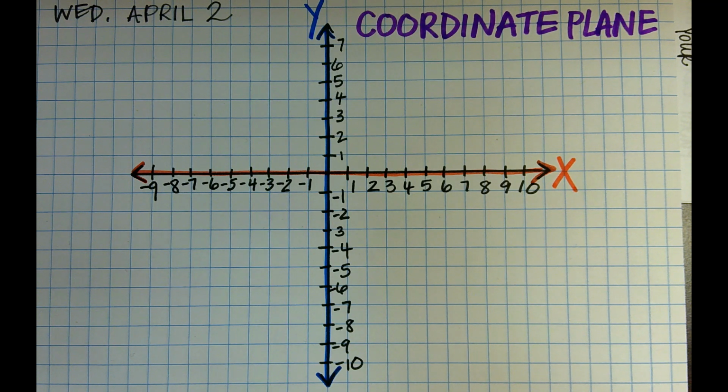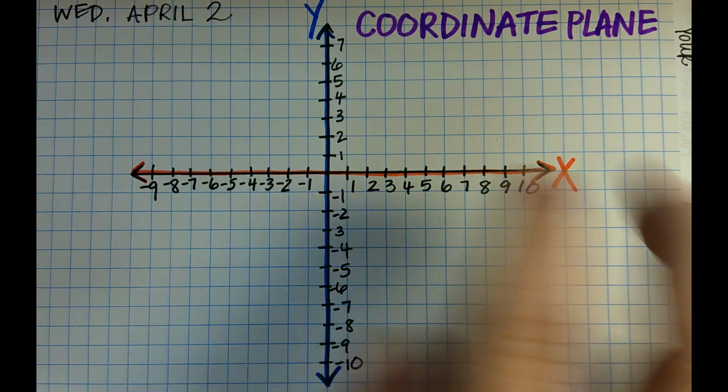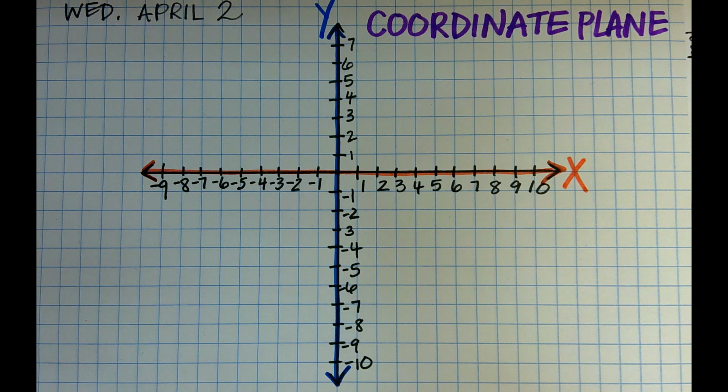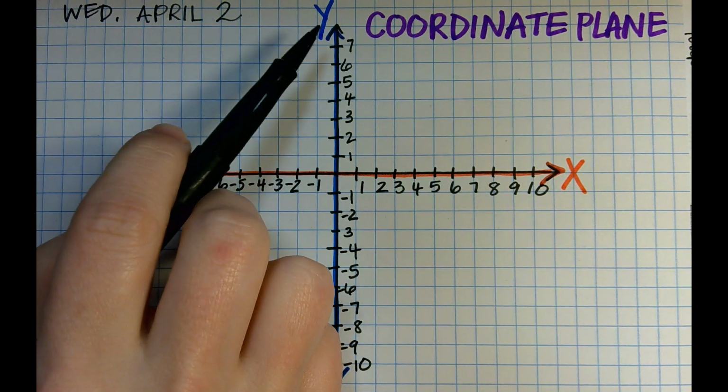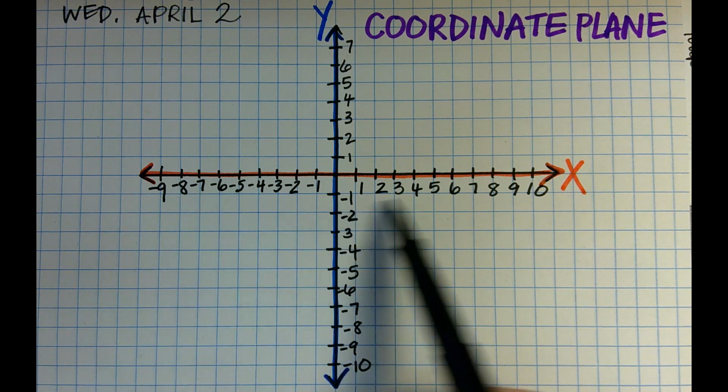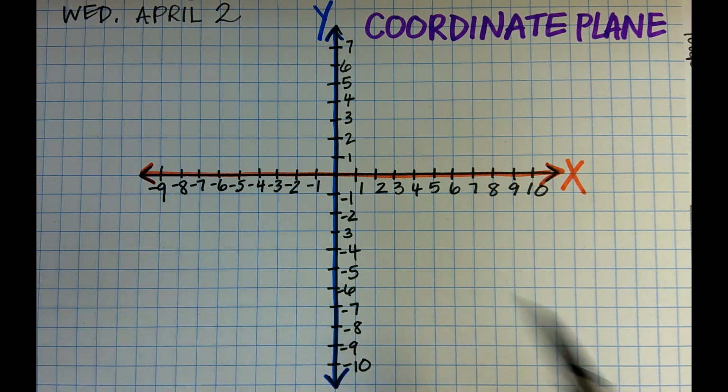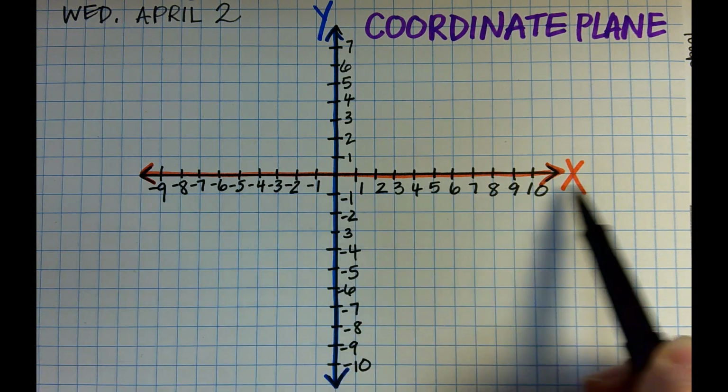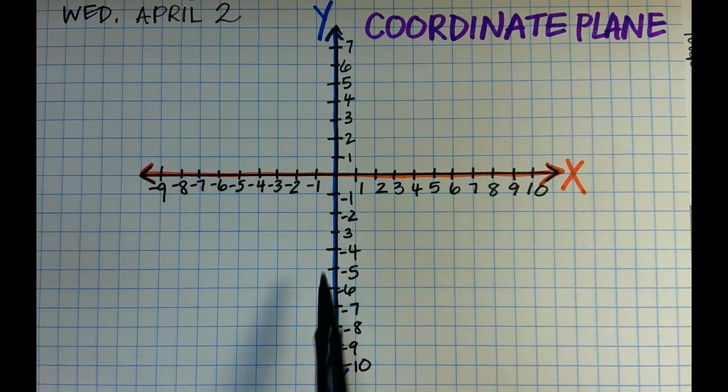So, let's talk about that fancy word, coordinate. Now that our graph is labeled, we have an x-axis and a y-axis. All of these numbers are possible values. The numbers left to right are x values. The numbers up and down are y values.